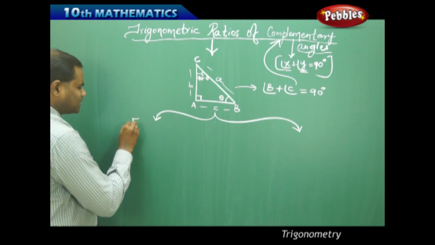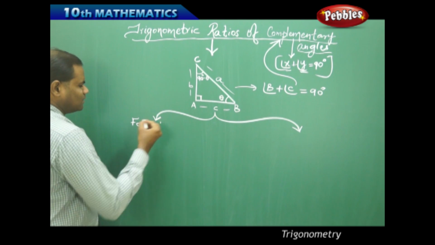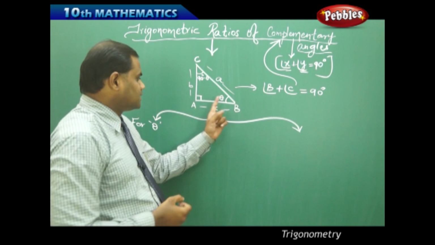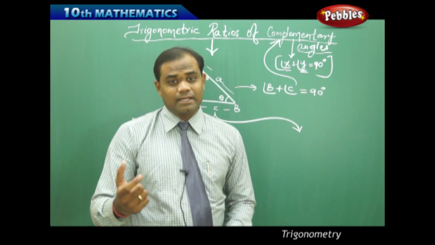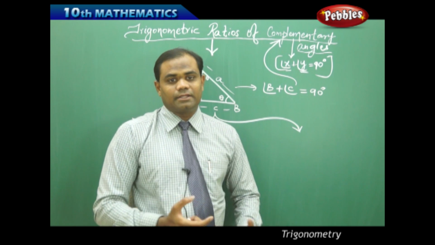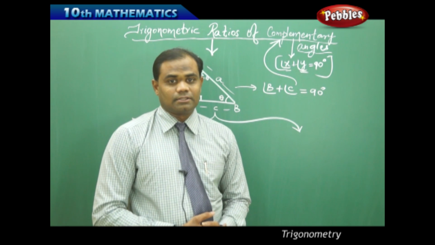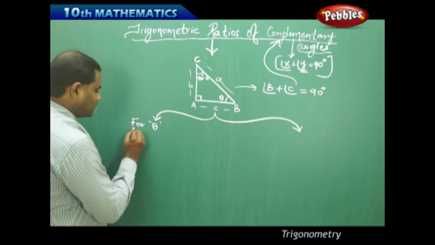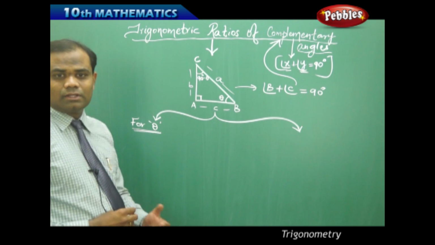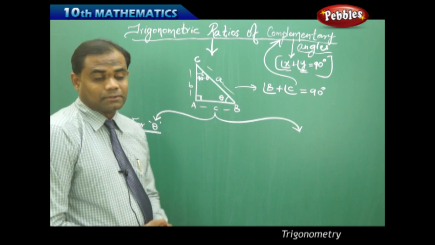For theta, we have sin theta equals opposite by hypotenuse, cos theta is adjacent by hypotenuse, and tan theta is opposite by adjacent. So let's initially find all three trigonometric ratios for theta.